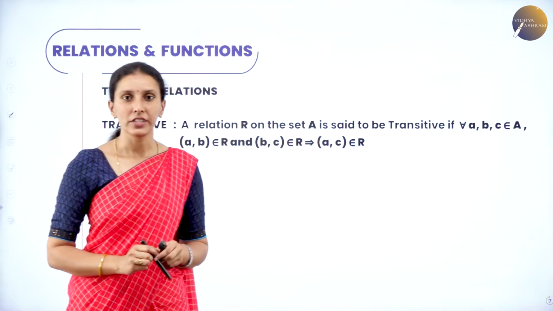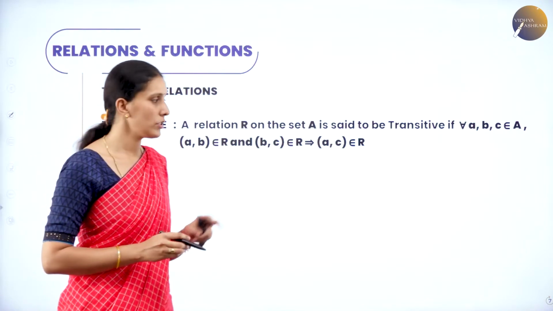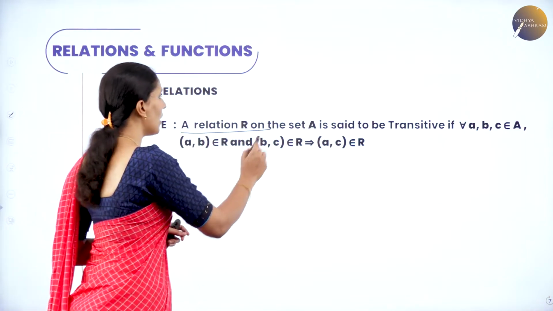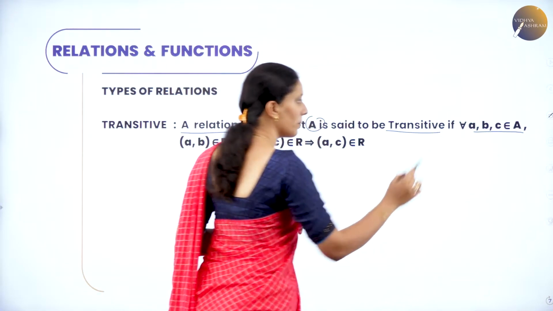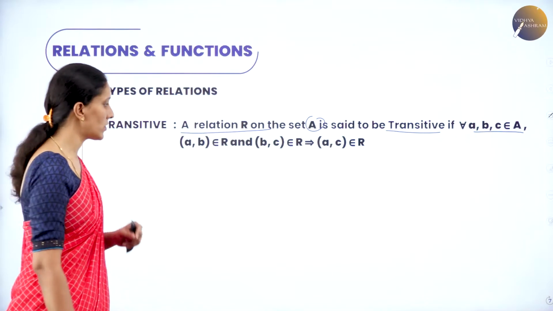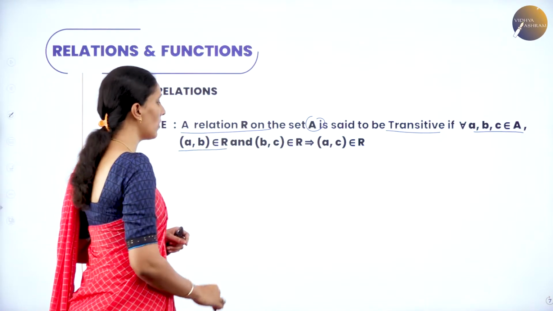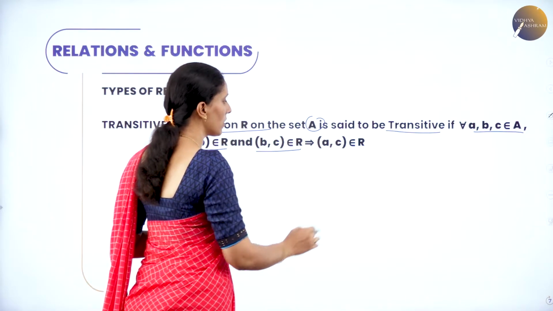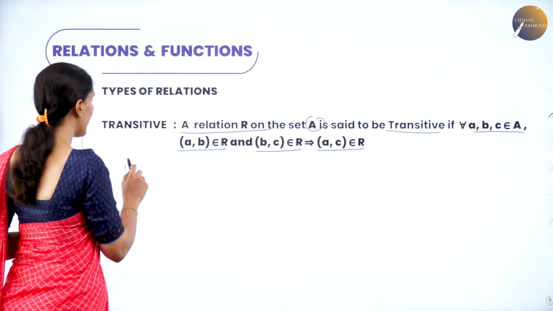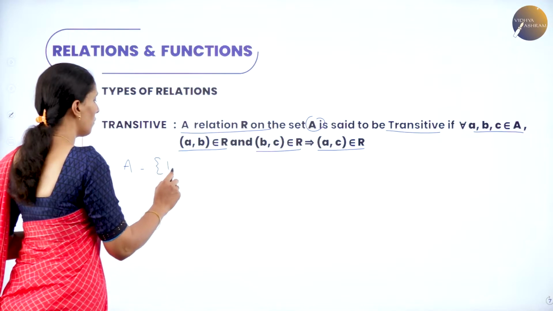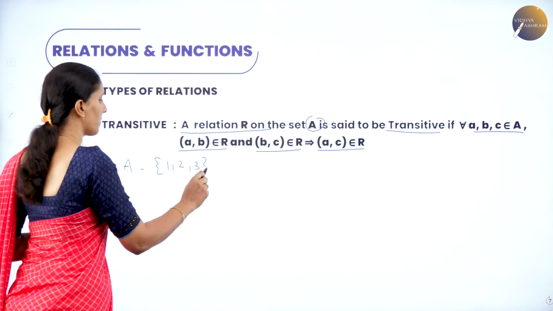The third relation is the transitive relation. A relation R on the set A is said to be transitive if for the three elements a, b, c belonging to A, if (a, b) belongs to R and (b, c) belongs to R, then (a, c) belongs to R. Suppose I take a set {1, 2, 3}.